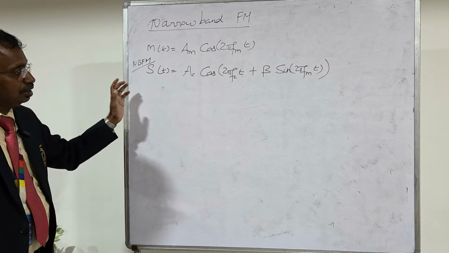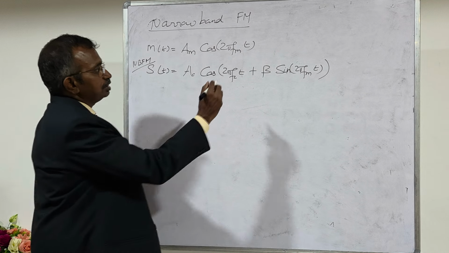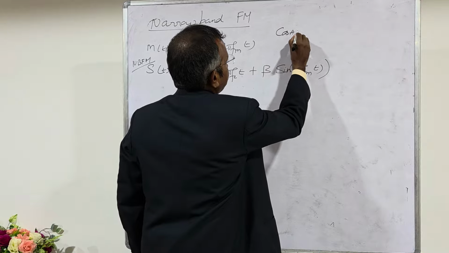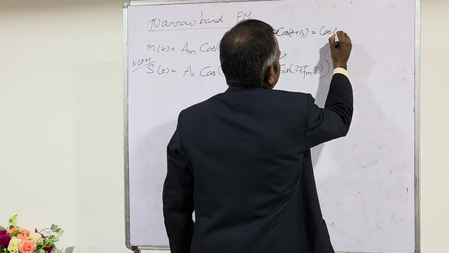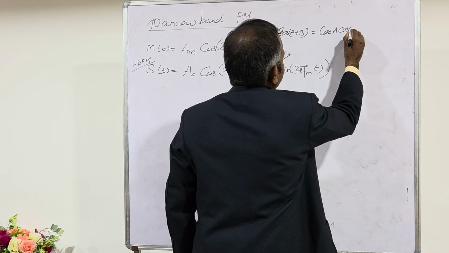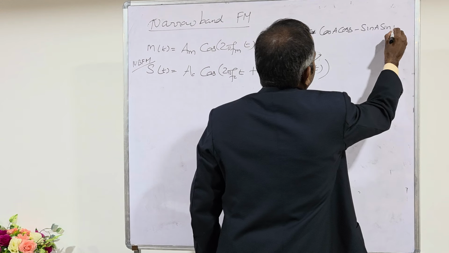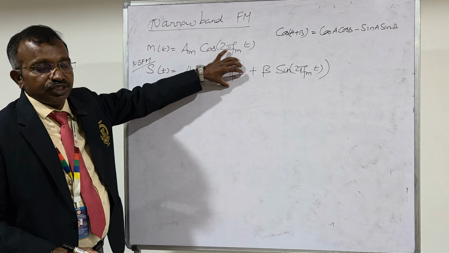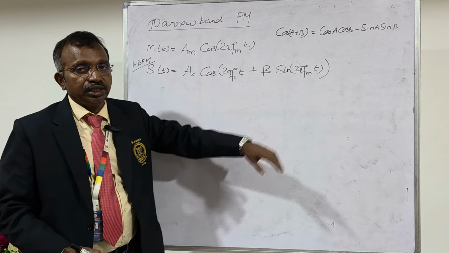So this is the form of cos(A plus B). So cos(A plus B) can be written as cos A cos B minus sin A sin B. So A is 2 pi fc t and B is beta sin 2 pi fm t.